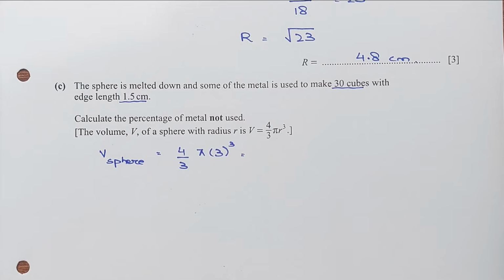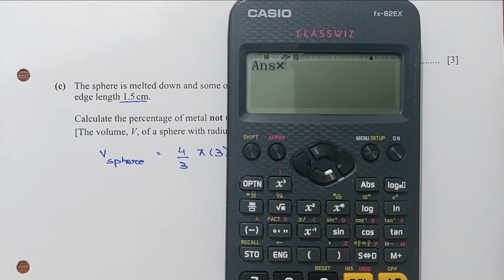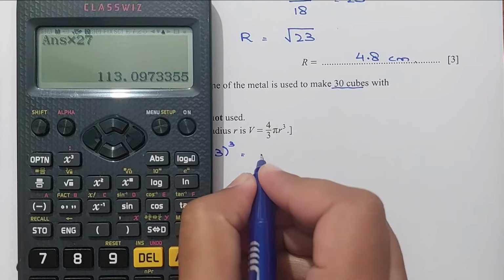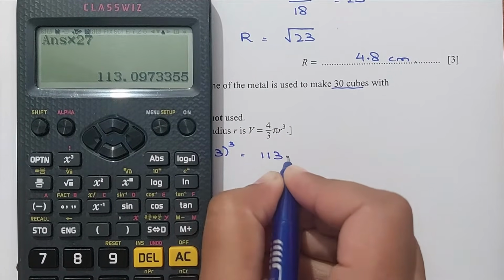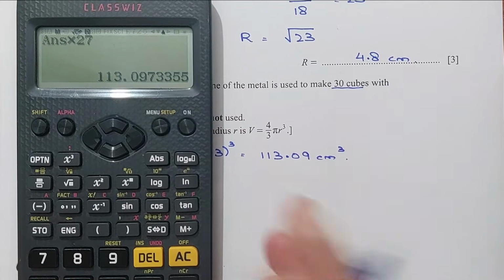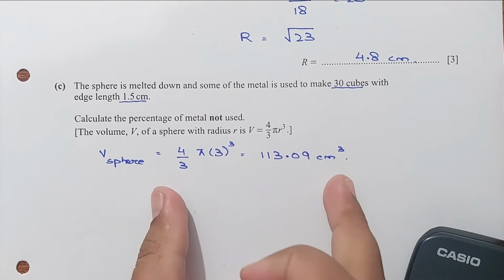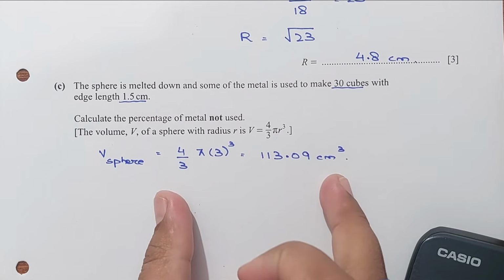Right, now let me calculate this. We have 4 by 3 times pi, and times 3 cubed is 27, which is 36 pi, or we have 113.09 centimeters cubed, right?